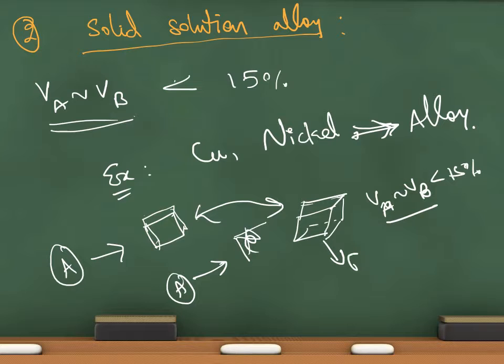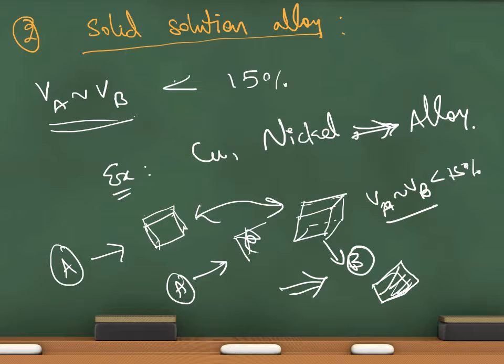If both are mixed, they can be combined, and more or less they will look similar. This type of mixing is called a solid solution alloy. In the previous case, the difference is more than 15%, so there will be a recognizable amount of change in the solid structure. Due to that, we will get a change in the resistivity of the material.